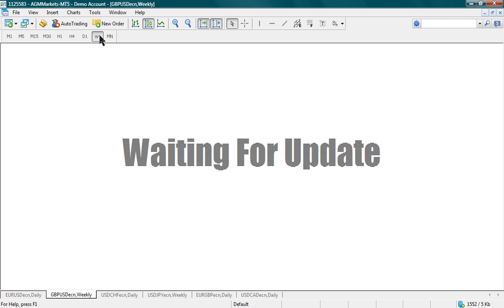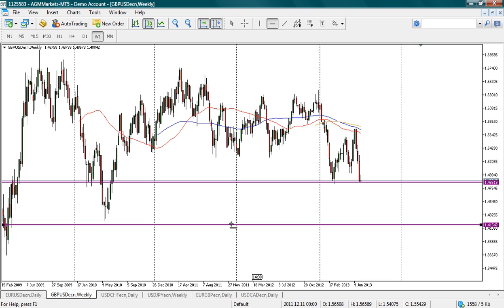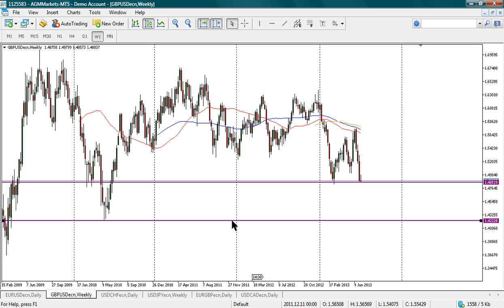So if you flip it to the weekly, you can see there's a lot of room to go down here to the next key support on the weekly, which is the 2010 lows at 1.4220. So you've got about 600 pips there in terms of room that it could technically go down to. You can see the last 3 weeks have been very bearish indeed on cable.